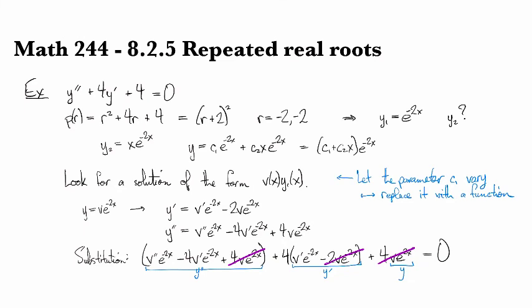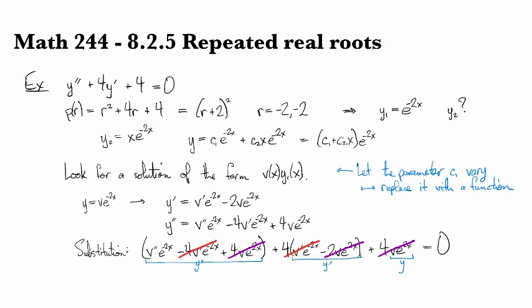And then if we look at the v prime e to the minus 2x terms, there's minus 4 here and positive 4 here. So those ones are gone as well. And so this whole thing then just boils down to v double prime e to the minus 2x equals 0. But it's not the exponential that's 0, so it must be v double prime is equal to 0.